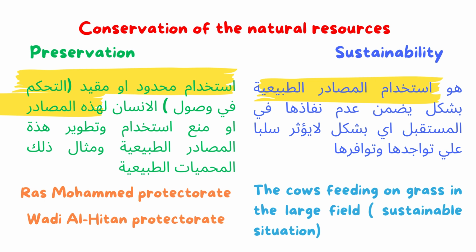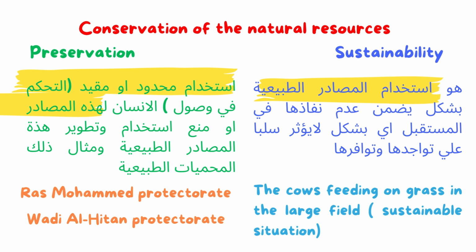But in sustainability we use the natural resource, but in a way that doesn't affect the future supply negatively, as in the example of the cows feeding on grass in a large field.